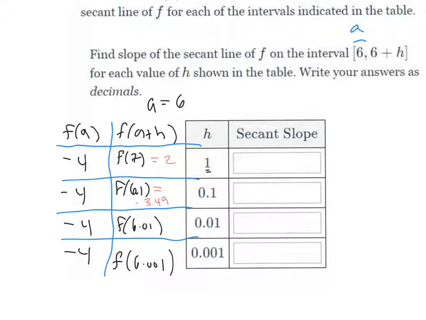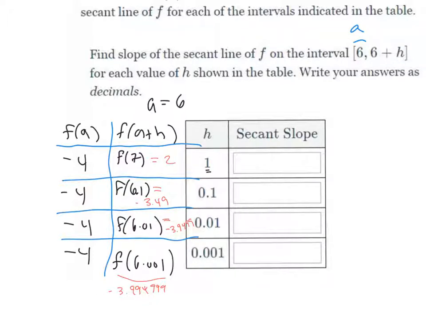You should have gotten that f of 6.01 is -3.9499. And then you should have gotten that f of 6.001 is equal to -3.994999. So you'll notice I'm not rounding, because we want to see the limiting value.